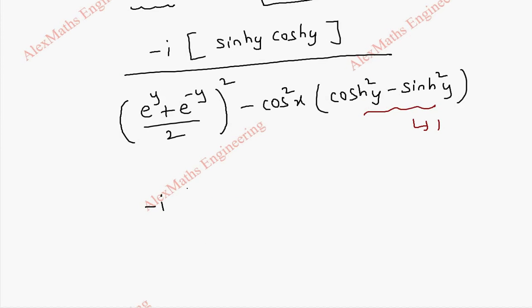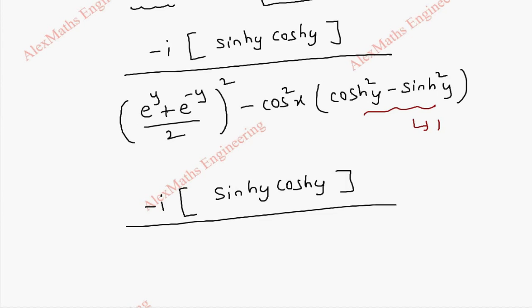So minus i into sinh y cosh y whole division. This is by expanding using the a plus b whole square formula, a square plus 2ab plus b square.